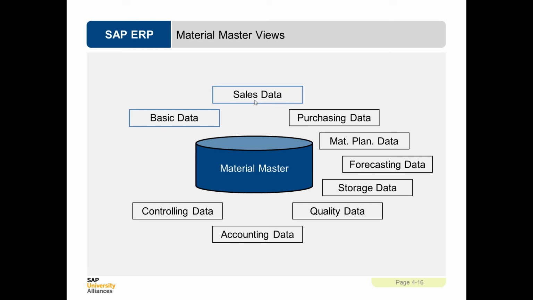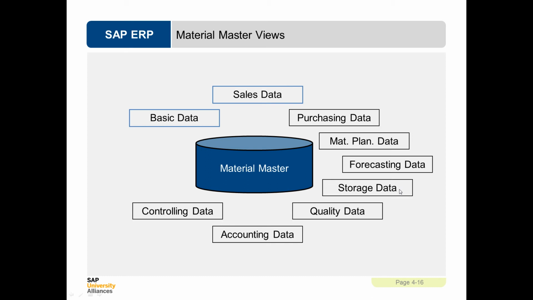So, for example, somebody in accounting might be very interested in the financial characteristics of the material, what its cost was, what its price is, that sort of thing, but probably not too interested in where it's stored in the plant other than just knowing in general terms what the inventory is.